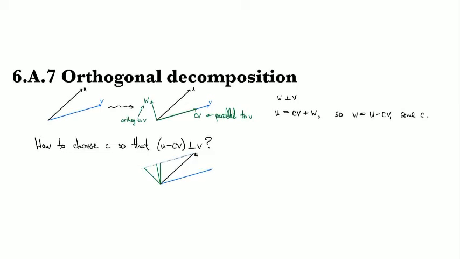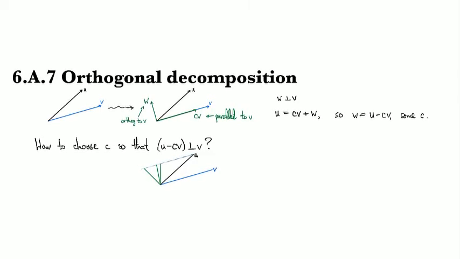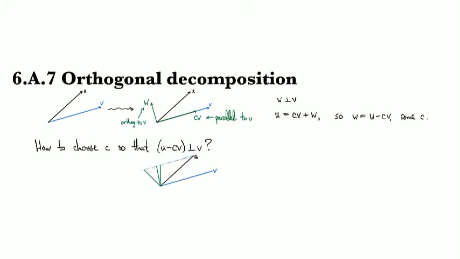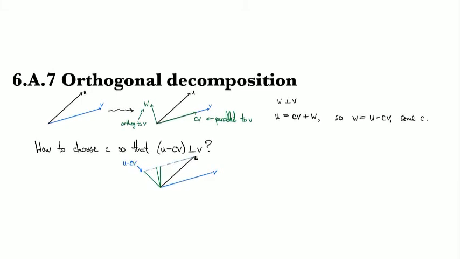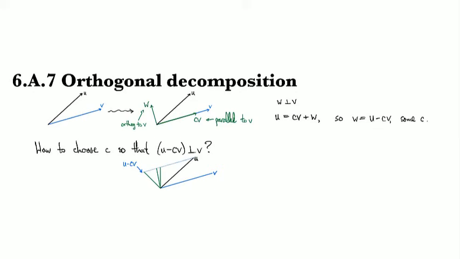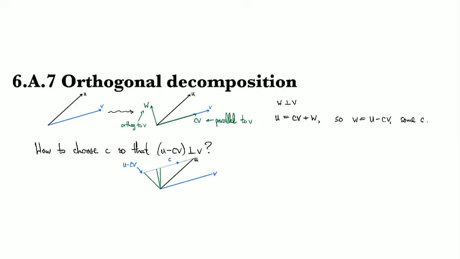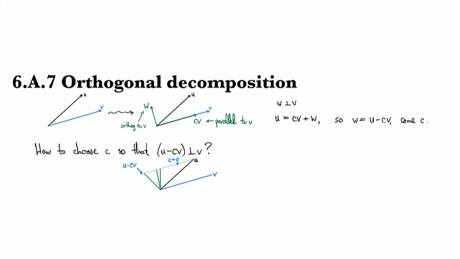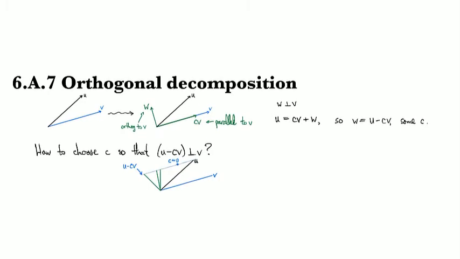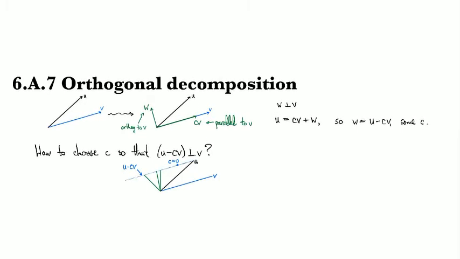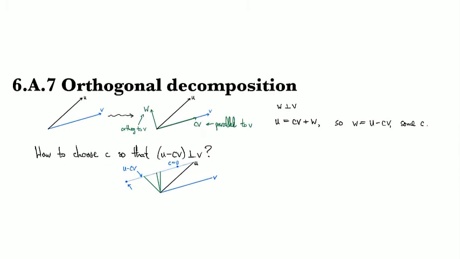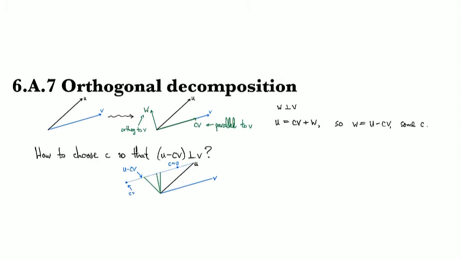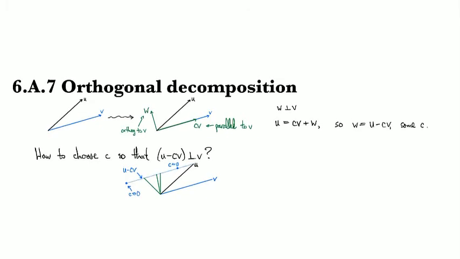We've still got our u over here, and here's our v, and the points on this line right here are u minus cv, as c varies from something small out to over here where c is big.